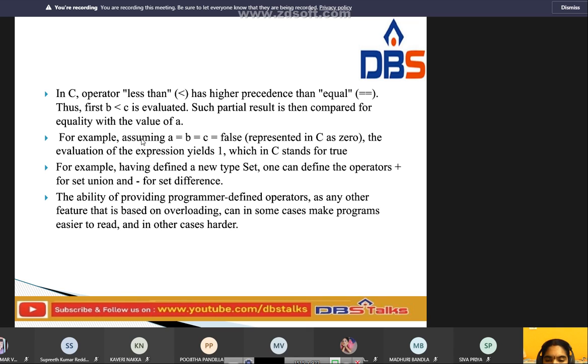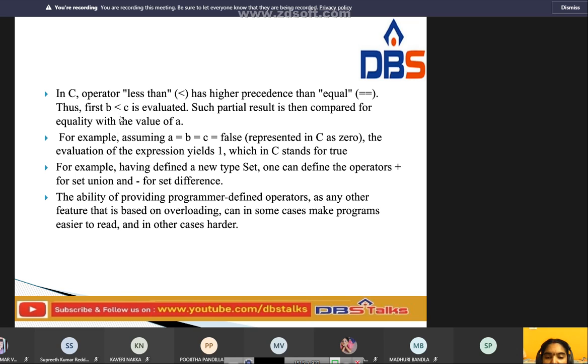Here first you have to evaluate B less than C. For example, take A equal to B less than C. First you have to evaluate B less than C, and after that the result is stored in A. First you have to evaluate which operator?